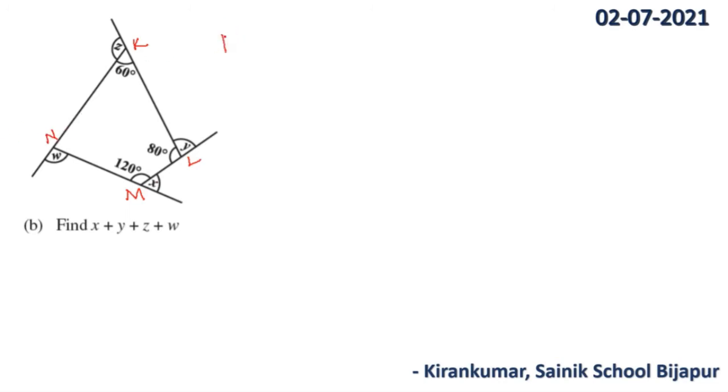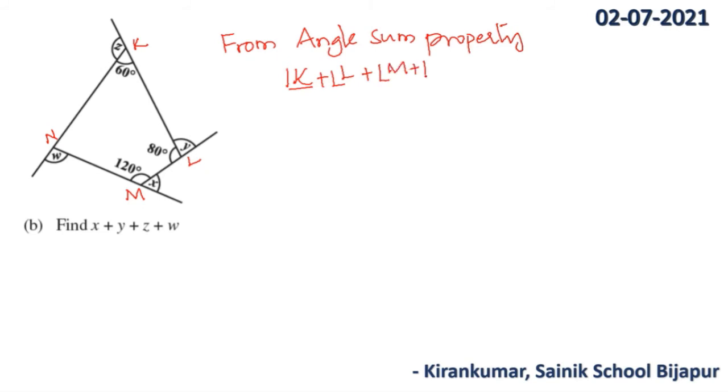By angle sum property, I know the sum of interior angles of a quadrilateral is 360 degrees. So angle K plus angle L plus angle M plus angle N is 360 degrees.